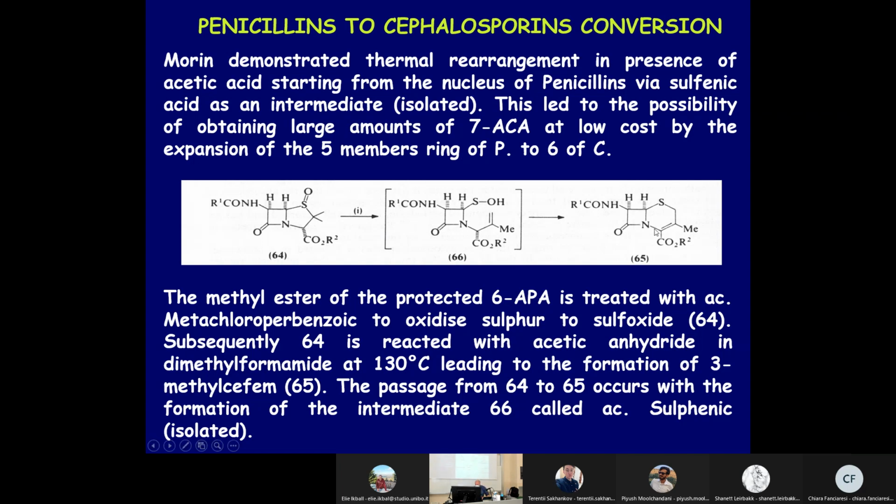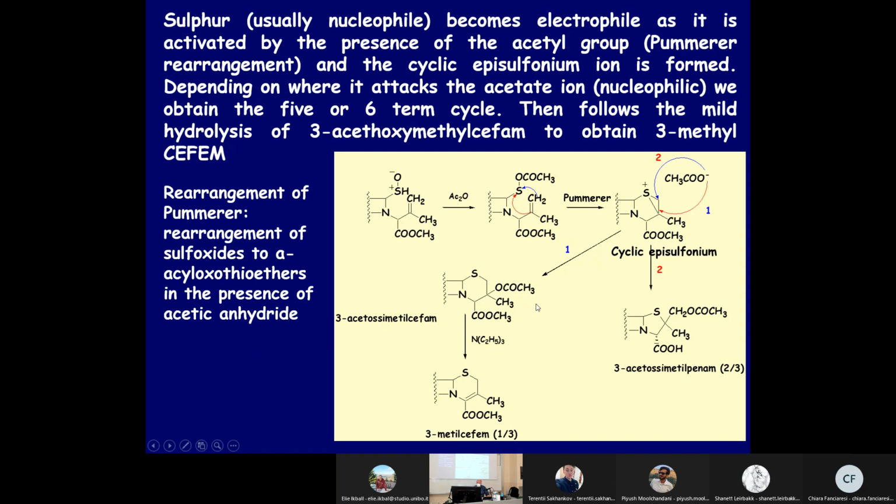In this way, you see here the different steps. The synthesis is quite difficult, but it's just to explain that it's possible to have cephalosporin starting from penicillin.